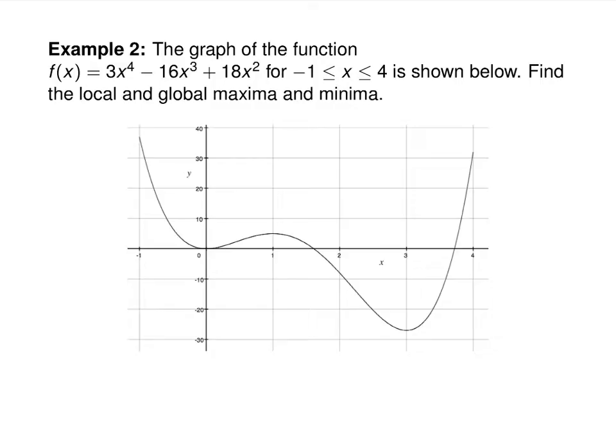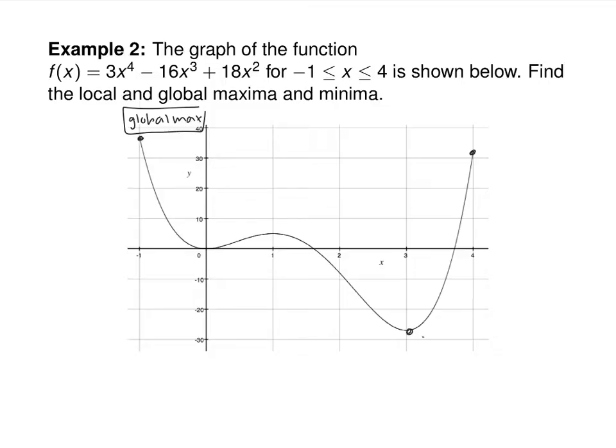Okay, so here's this function. Find the local and global maxima and minima, and once again, we're just gonna assume that those are actually filled in points. So first the global stuff, where's the global max? Far left, yep, there's the global max. Where's the global min? 3.